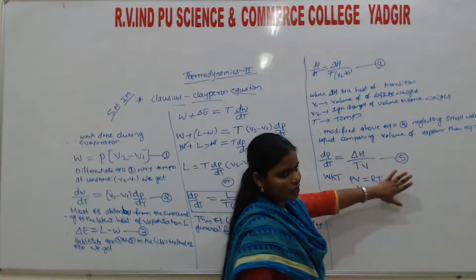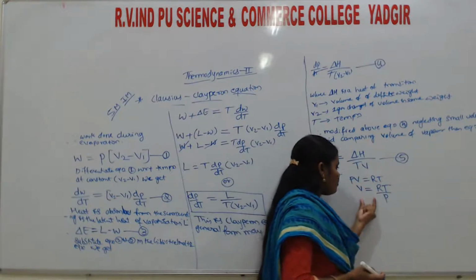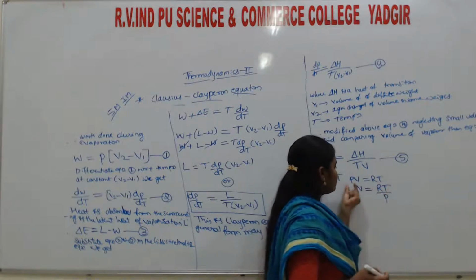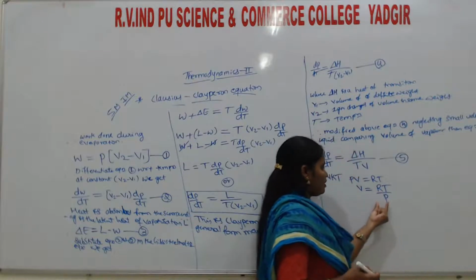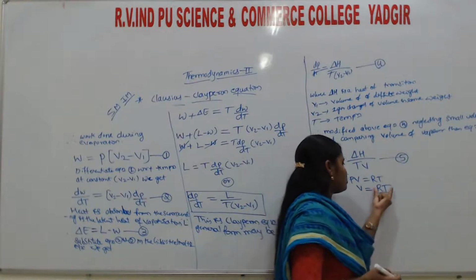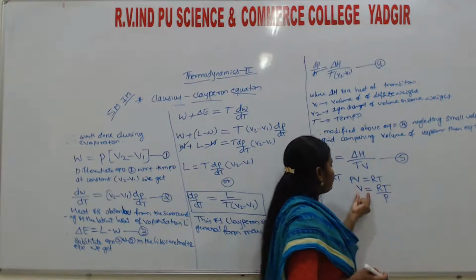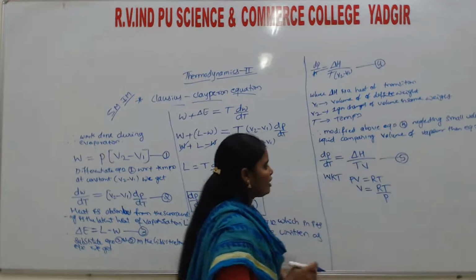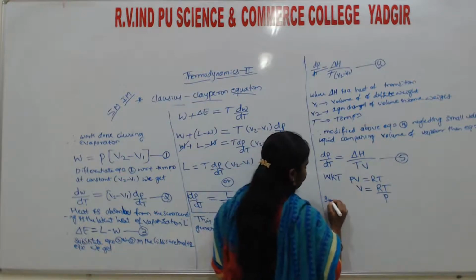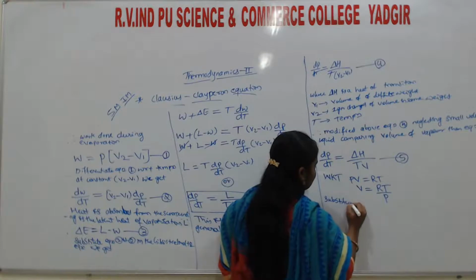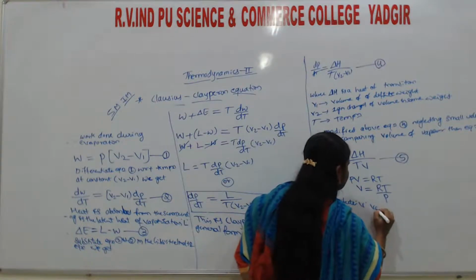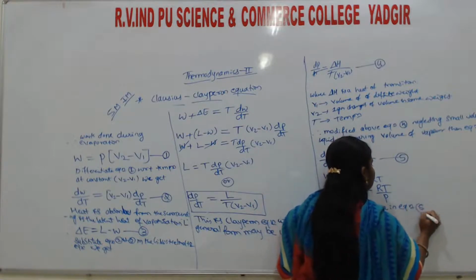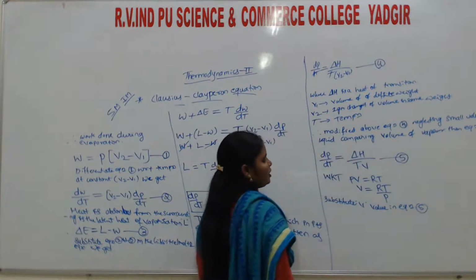The volume V is equal to RT divided by P, with P in the denominator. And this V value you substitute in equation number 5.